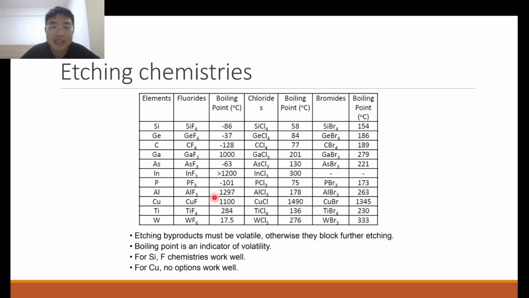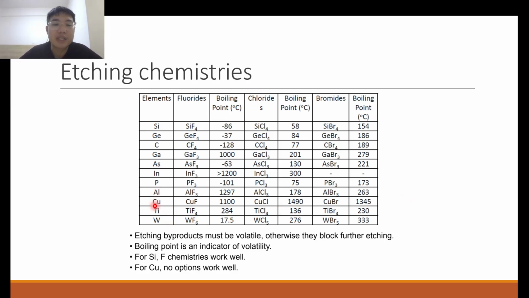However, we realize that for certain species, for aluminium, you can use chlorine, bromine, because these are still somewhat volatile, so it's still somewhat low boiling point, AlCl3, AlBr3. So we can still use chlorine and bromine based chemistries.